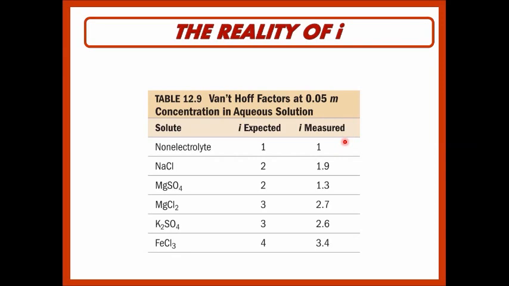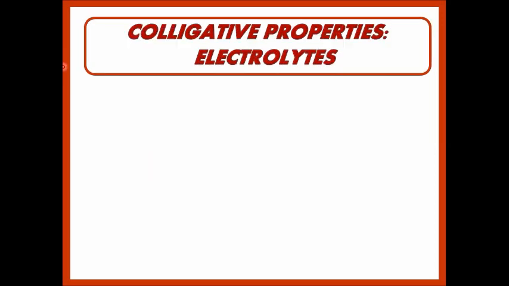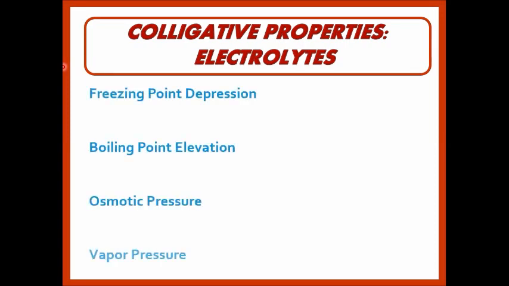However, the dissociation isn't necessarily complete in any given moment because some cations and anions are still paired, which may slightly reduce the value of i, such as we see for NaCl. The importance of i directly corresponds to the colligative properties, freezing point depression, boiling point elevation, osmotic pressure, and vapor pressure, because all of these properties depend on the number of particles dissolved in solution.